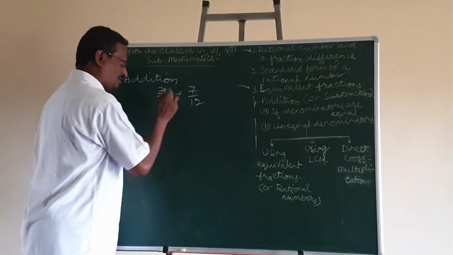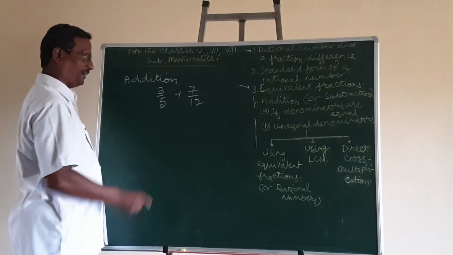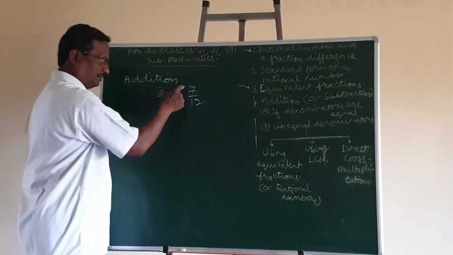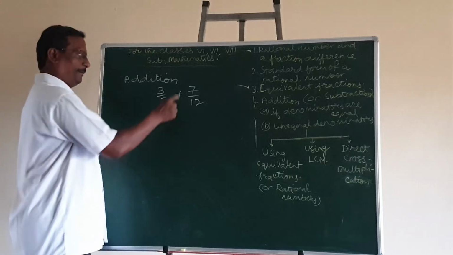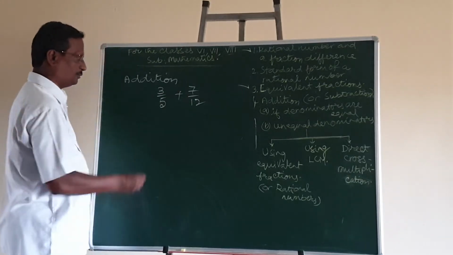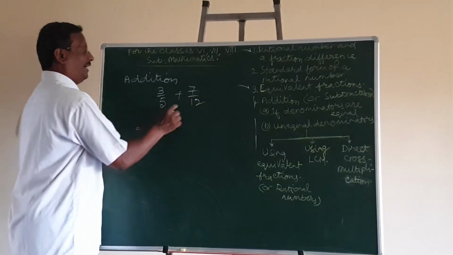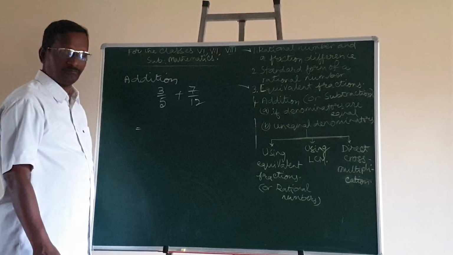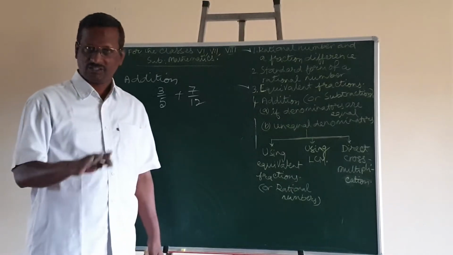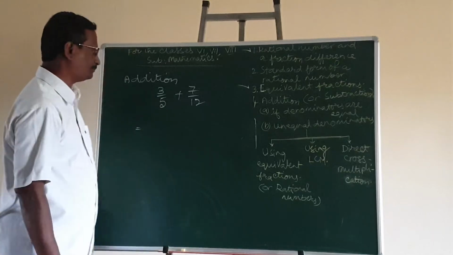The two denominators are unequal. This is in standard form because there is no common factor and the denominator is positive. This is also in standard form for the same reason. Now, whenever we come across this kind, what is the LCM of 5 and 12? Since there is no common factor, the product, 60, is the LCM.